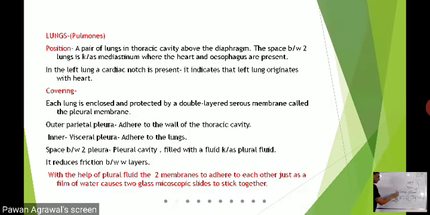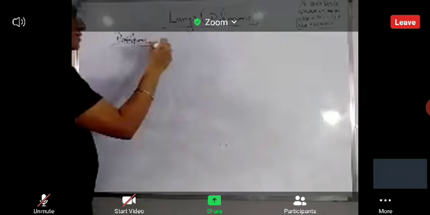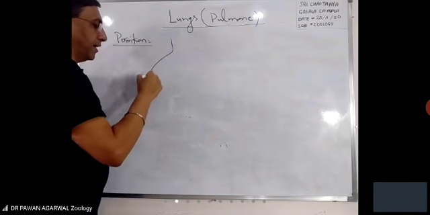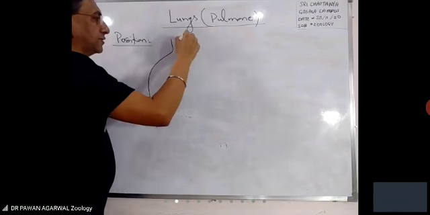First of all, what is the position of lungs? You will say carefully: a pair of lungs are present in the thoracic cavity just above the diaphragm. See, this is the diaphragm.